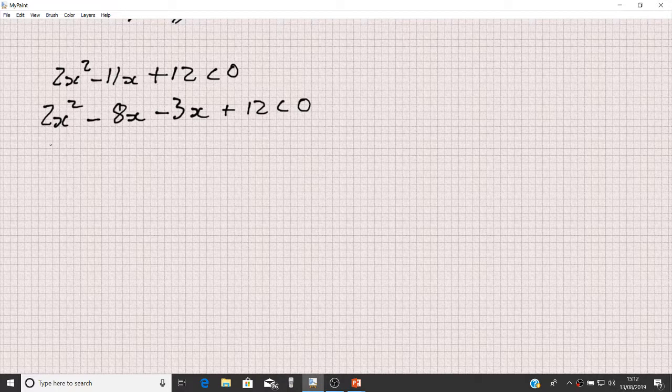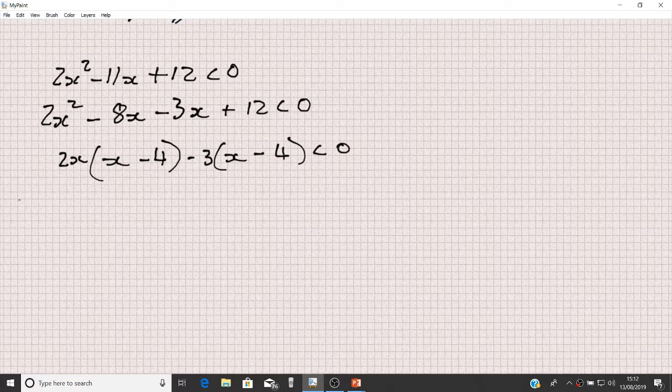Just a little practice on factorizing when we've got a value of a which is 2. So we'll take 2x on x minus 4, minus 3 on x minus 4, less than 0.